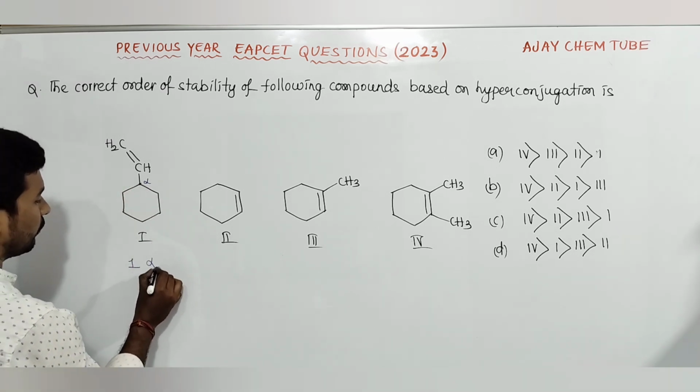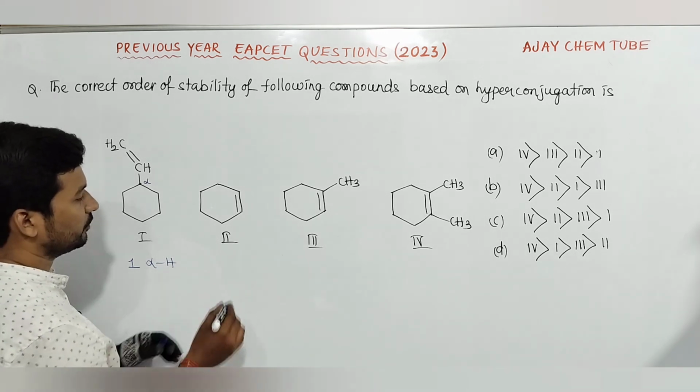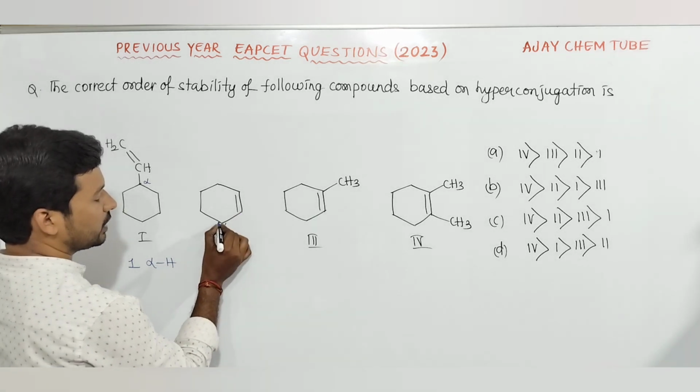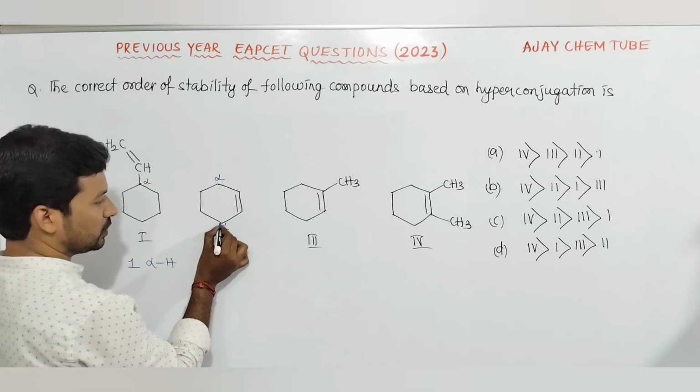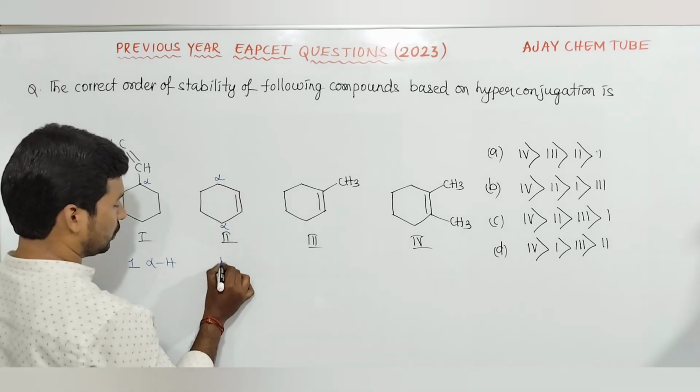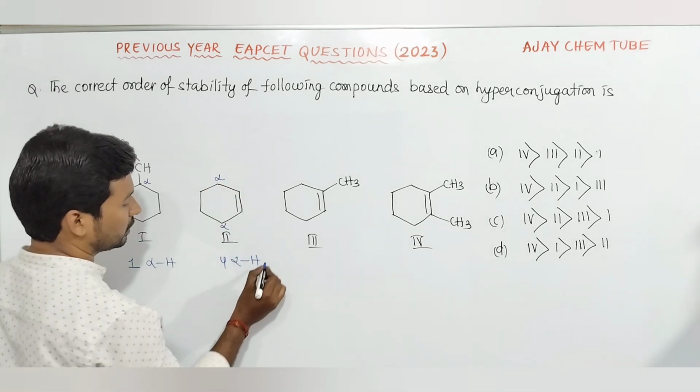Only 1 alpha hydrogen. Here, this is an alpha carbon, adjacent carbon to the double bond. This is also an alpha carbon. 2 bonds means 2 hydrogens here, 2 hydrogens here. Total 4 alpha hydrogens here.